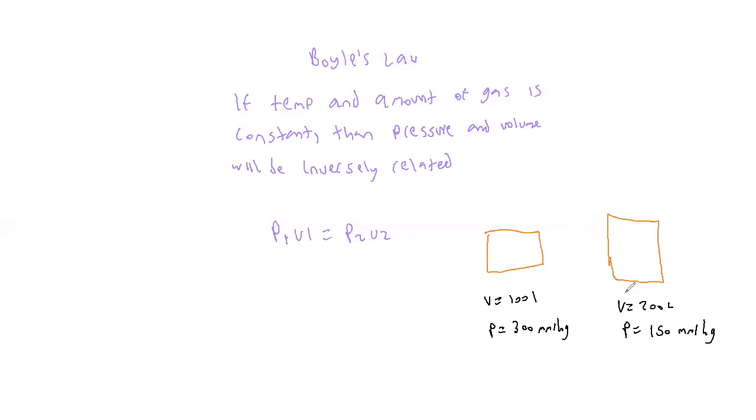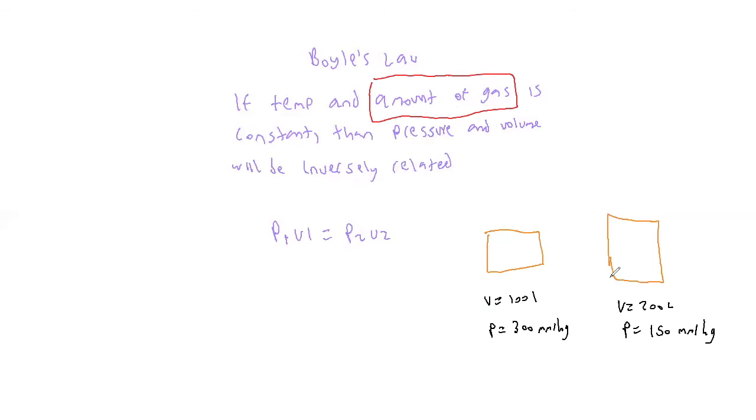So what this is telling us is that if the amount of gas is kept the same, and that's a very important thing, you're keeping the gas trapped inside the same, if you decrease the volume, you increase the pressure, and if you increase the volume, you decrease the pressure.